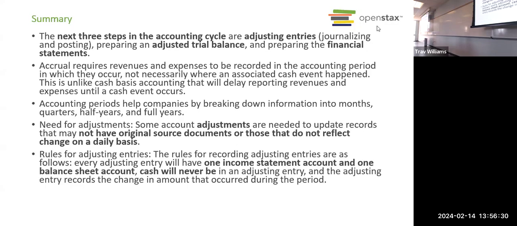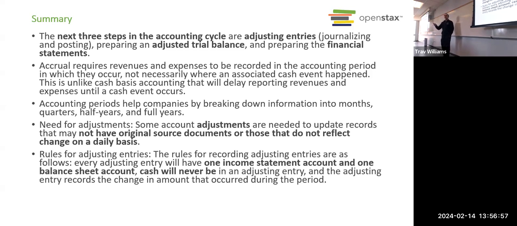Let's summarize what we have learned in this chapter. All right, so previously we had learned the first 4 steps of the accounting cycle. What was the very first step in the accounting cycle? Where do you start?